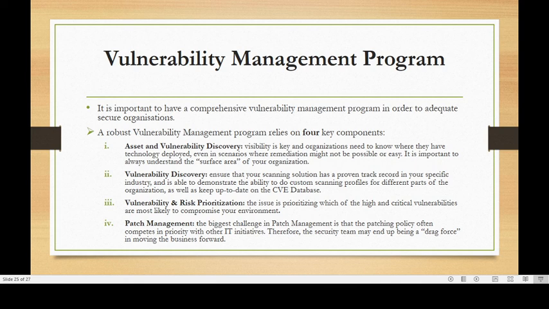It is also important to have a comprehensive vulnerability management program in order to adequately secure an organization. These highlighted key components: asset and vulnerability discovery, vulnerability and risk prioritizing, and then patch management. These are used to address vulnerabilities in an organization.